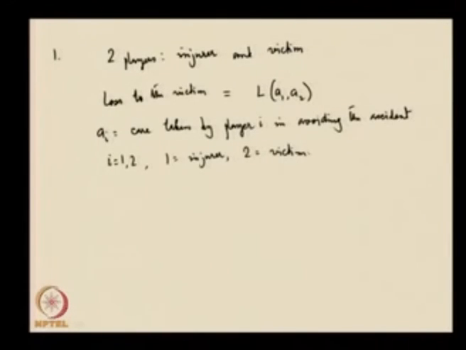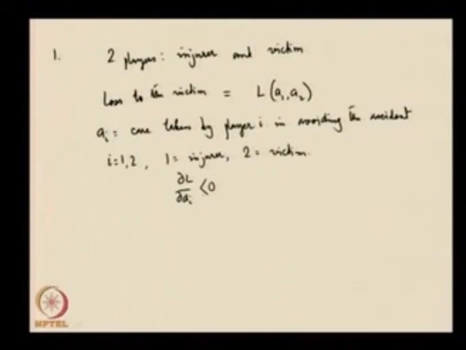And we can realistically assume that if Ai rises, L, the loss, will go on declining, because the more care you take to avoid the accident, the amount of loss is assumed to fall.